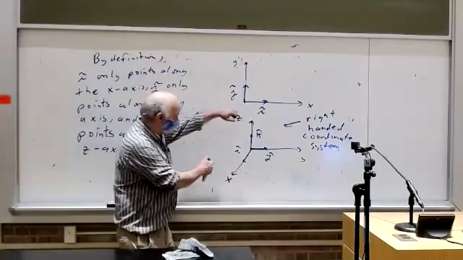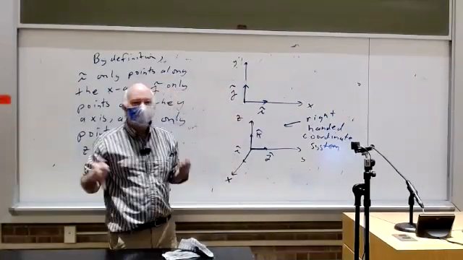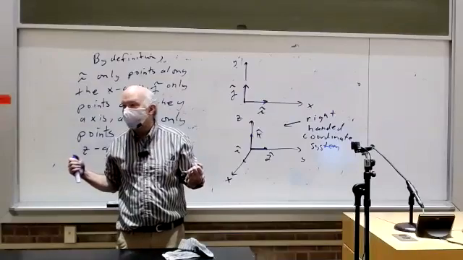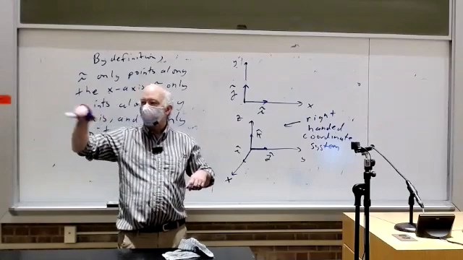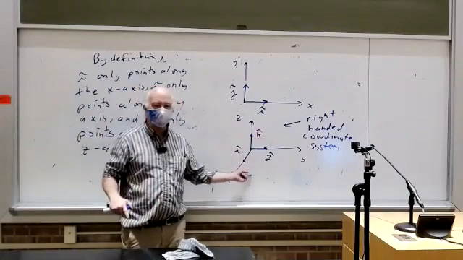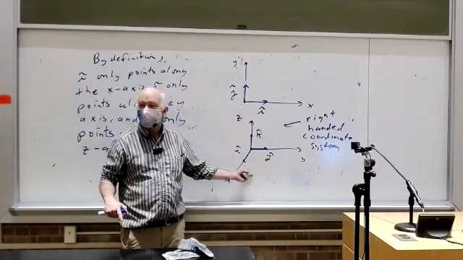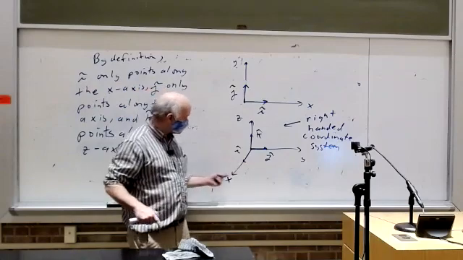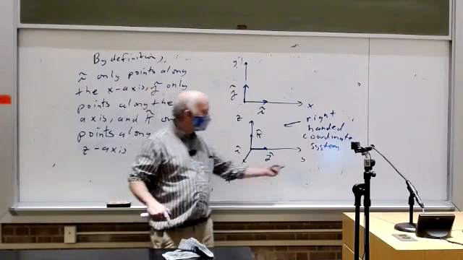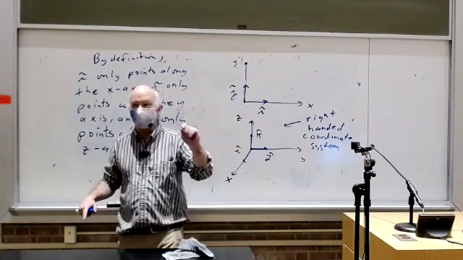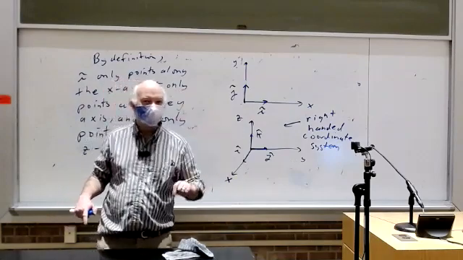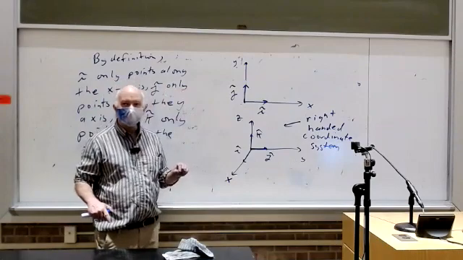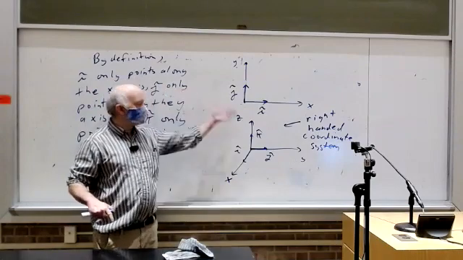So if I grab this and rotated it, they would all be right-handed coordinate systems. We're going to set up things later on. We're going to multiply vectors, and it turns out that if you don't have a right-handed coordinate system, it's not going to work. If you switch this, if I put the y here and the x here, that's called a left-handed coordinate system, and we're not going to use those in this course. So these are the unit vectors.